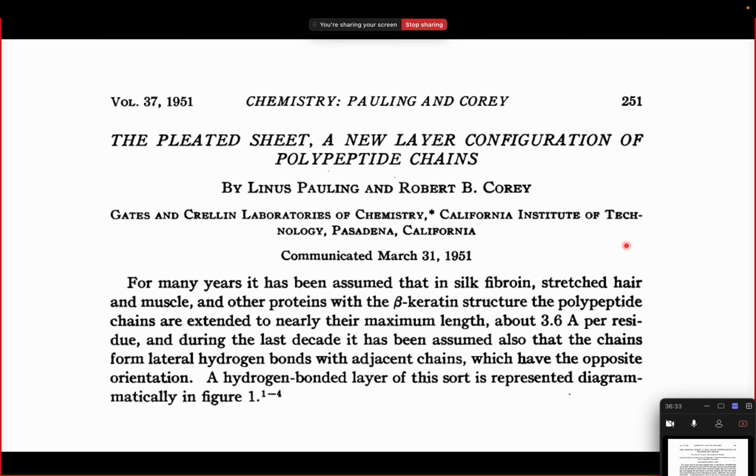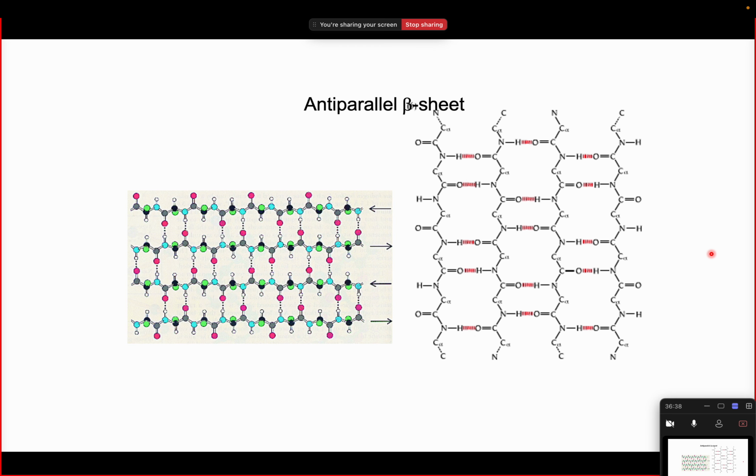A hydrogen bonded layer of this sort is represented in the diagram, which is this. So these are the beta sheets, right? To be specific, these are the anti-parallel beta sheets. As you can see, the first N terminal is here, second N terminal is here, third N terminal is here, fourth N terminal is here. So these sheets form intermolecular hydrogen bonds, and the polypeptide chain runs in the anti-parallel direction, right?